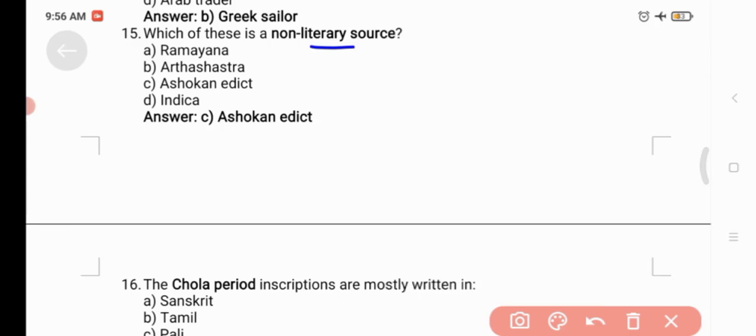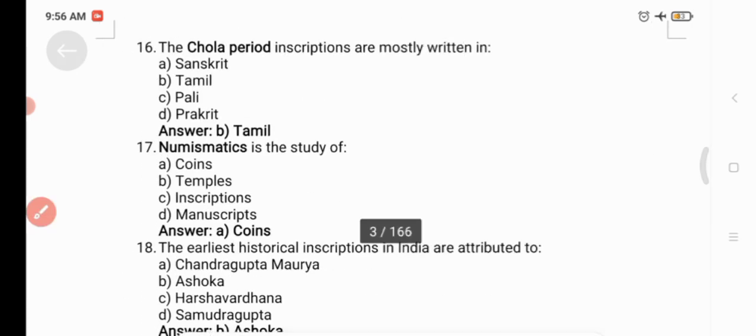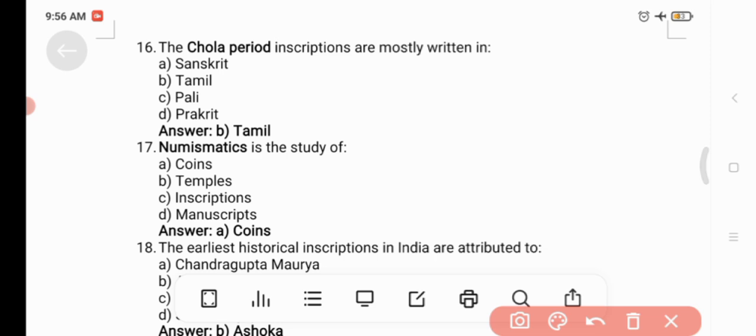Which of these is a non-literary source? Option C, Ashokan edict. The Chola period inscriptions are mostly written in option B, Tamil. Numismatics is the study of option A, coins.